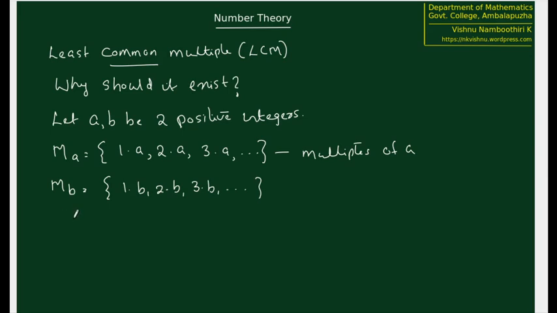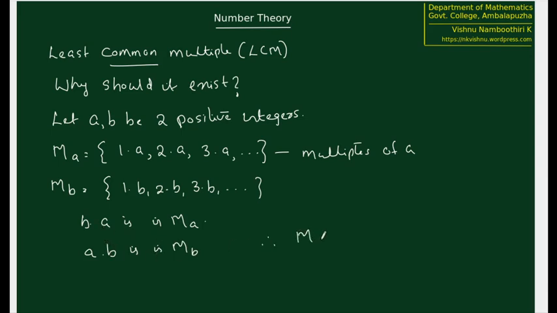Therefore, one multiple of a will be actually ba. ba is in MA. That's clear. Now, one multiple of b is ab. ab is in MB. Therefore, MA and MB have at least one element in common, that is ab.